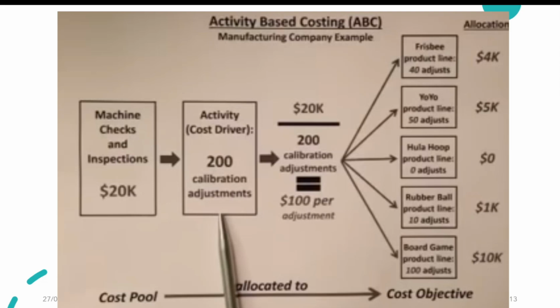For the yo-yo, this is one production. It only uses 50 adjustments. Then with 50 adjustments times $100 per unit, the activity-based cost driver rate, this yo-yo production's proportion of overhead can be obtained, which is 50 times 100 equals 5,000.